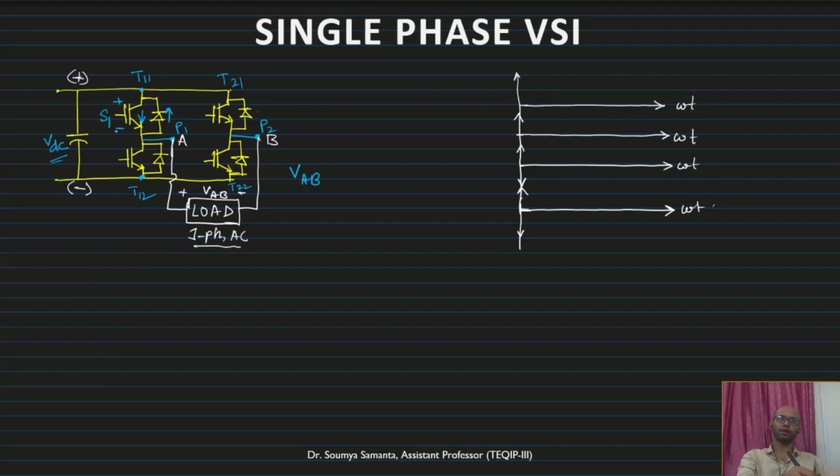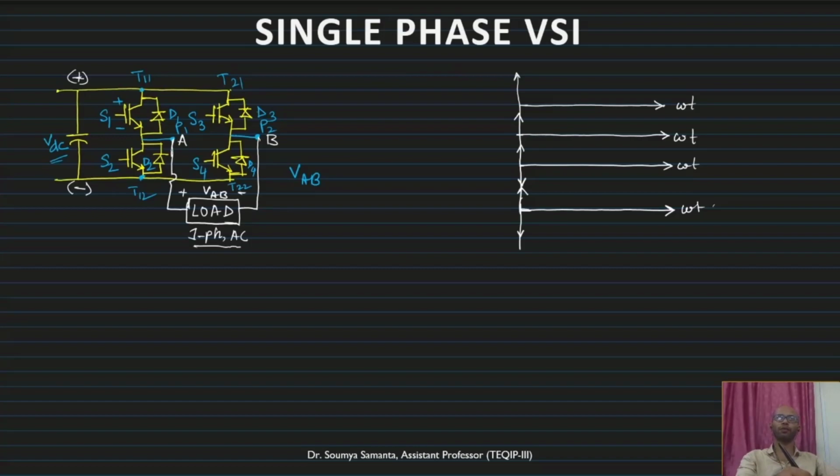Let's say this is S1, this is S2, this is S3, S4: switch 1, switch 2, switch 3, switch 4. Correspondingly, each is connected with an antiparallel diode, D1, D2, this is D4, this is D3. Due to less space, I am writing this way.